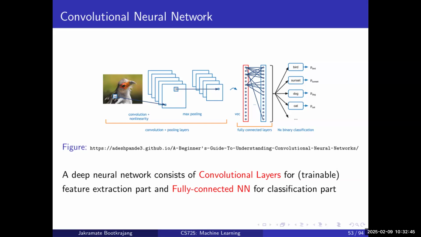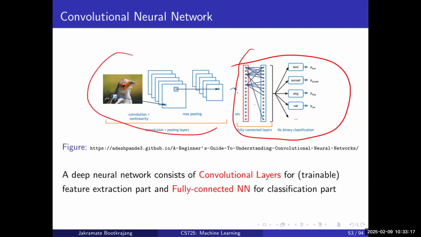This type of neural network will mimic the image. In the second part, when you want to do classification, you will use a one-dimensional array for each layer, so you do the same thing. But in the feature extraction part, we design each layer to be an image.